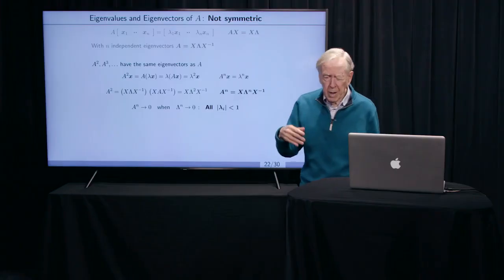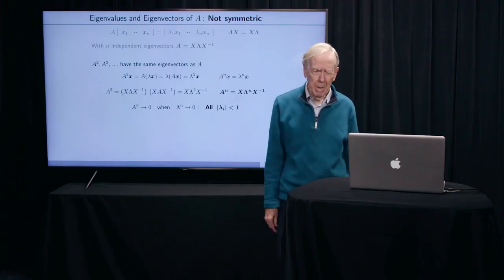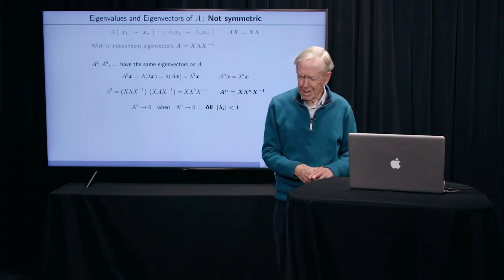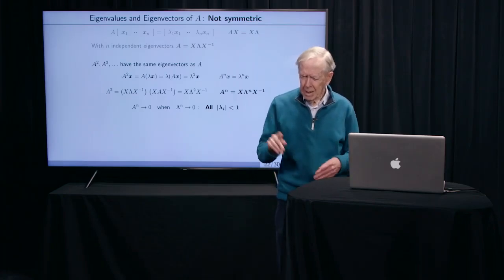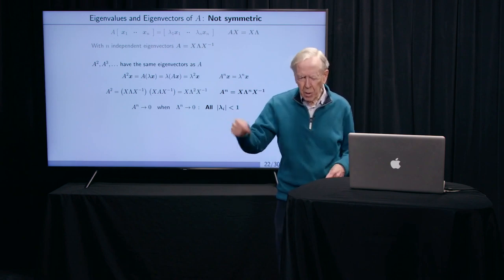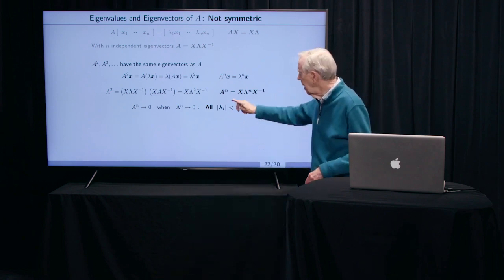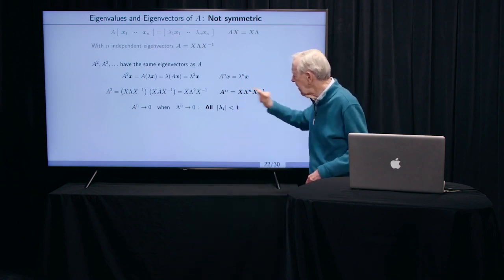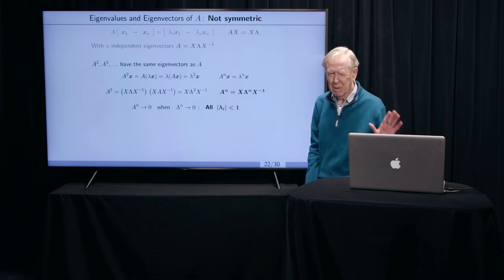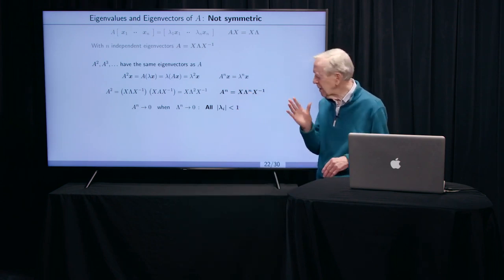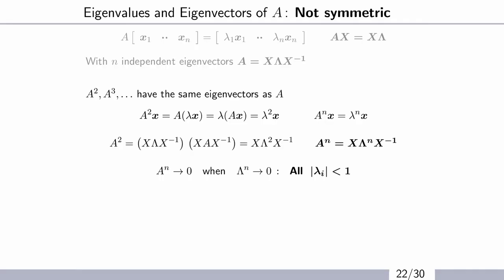So when would you have A to a high power? That's an interesting matrix. Take a matrix and square it, cube it, take high powers of it. The eigenvectors don't change. That's the great thing. That's the whole point of eigenvectors. They don't change, and the eigenvalues just get taken to the high power.